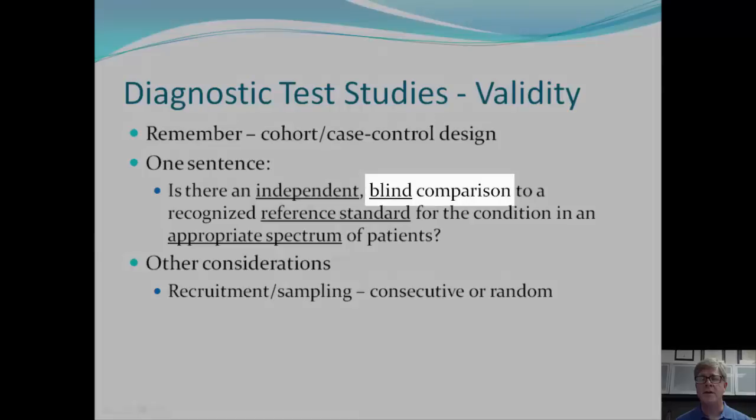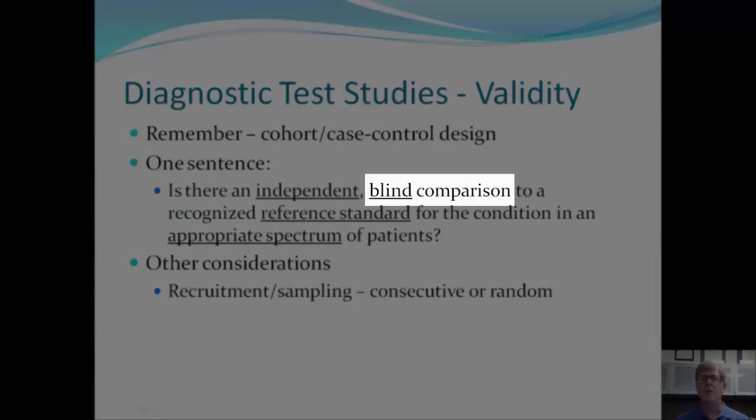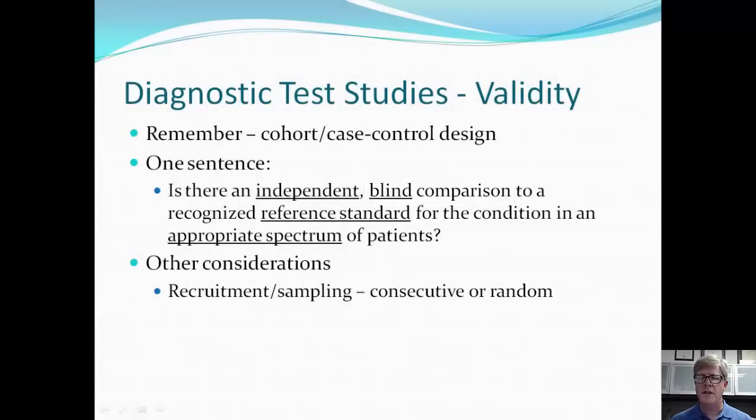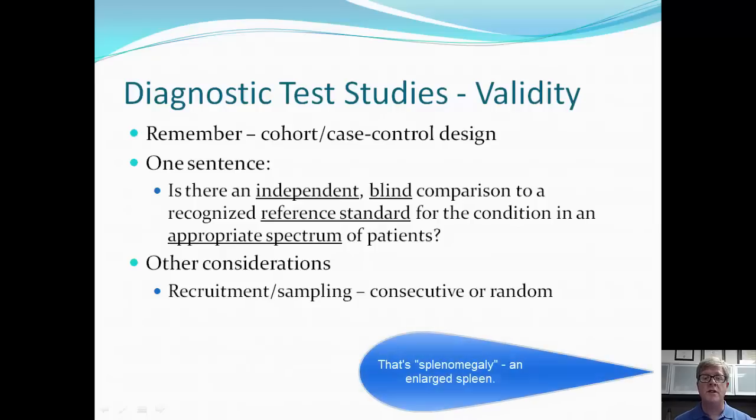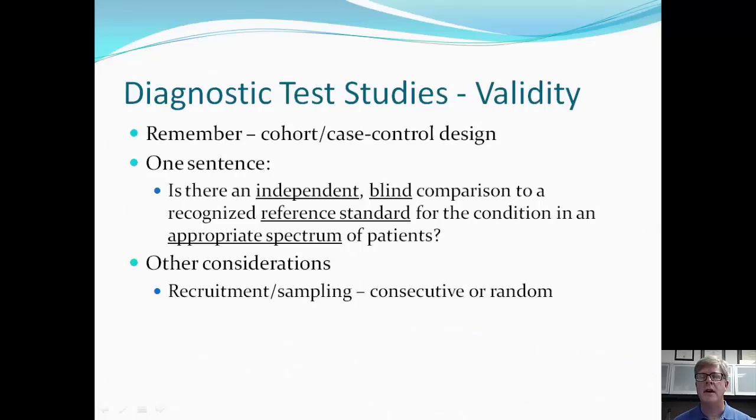The blind comparison means that the researchers doing the first test, the test of interest, can't be the same ones doing the gold standard test, and they can't know the results of each test. So if I'm comparing my physical exam for splenomegaly with an ultrasound that can measure the spleen and tell me whether it's splenomegaly or not, I shouldn't do the exam and then pick up the ultrasound probe and do the ultrasound.